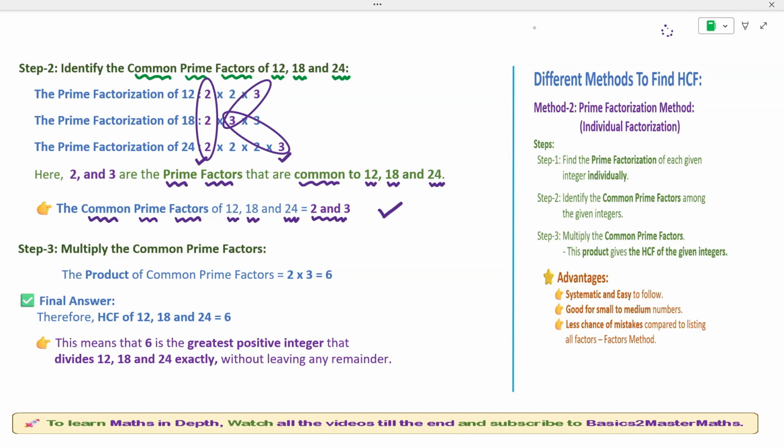Step 3. Multiply the common prime factors.